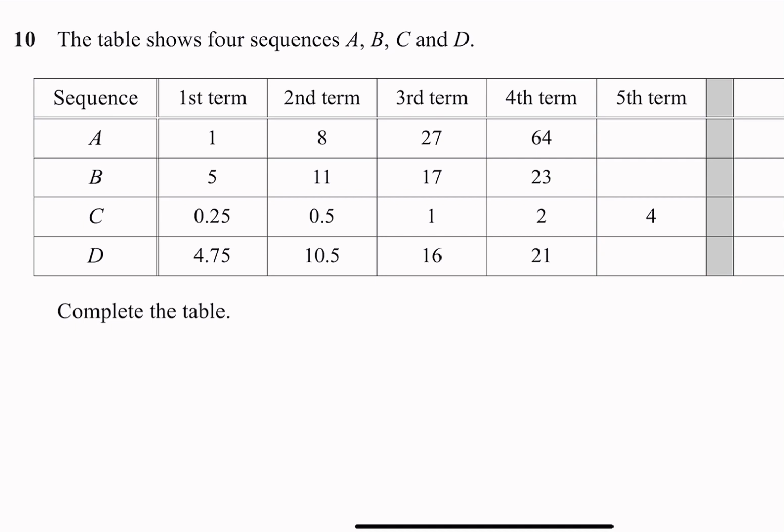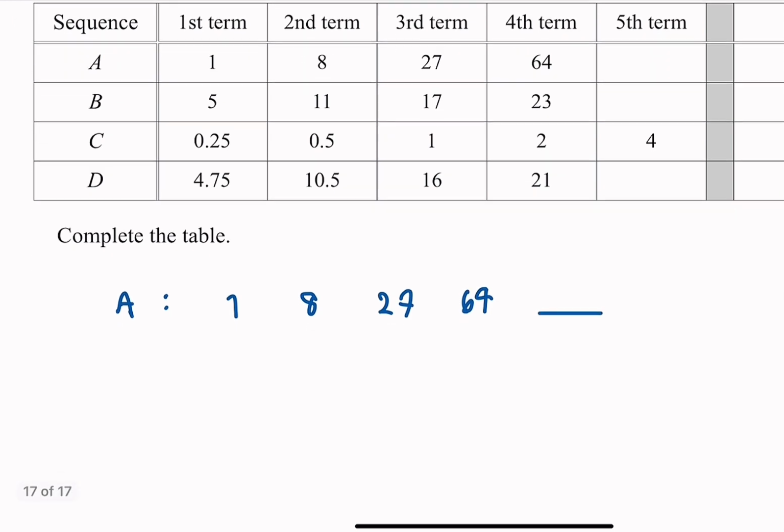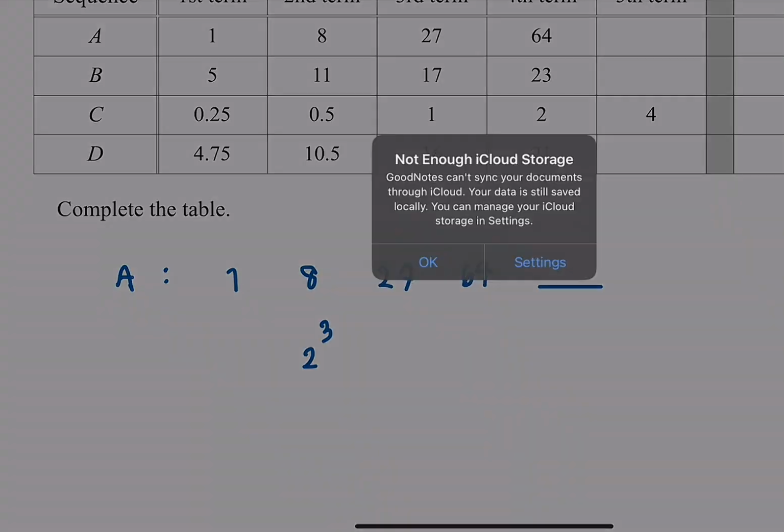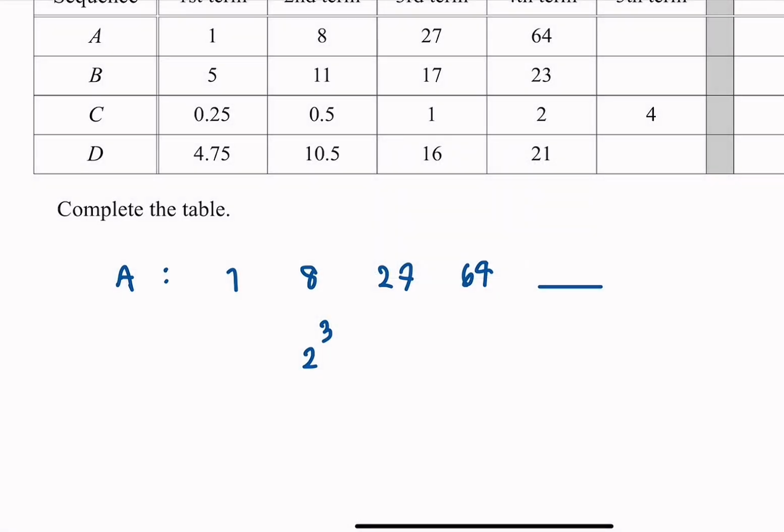The table shows 4 sequences A, B, C, D. Complete the table. So for the sequence A, it is 1, 8, 27, and 64. I know that 8 is 2 cubed and 27 is 3 cubed.